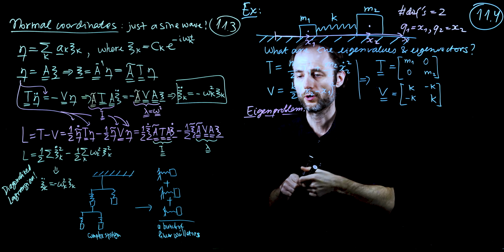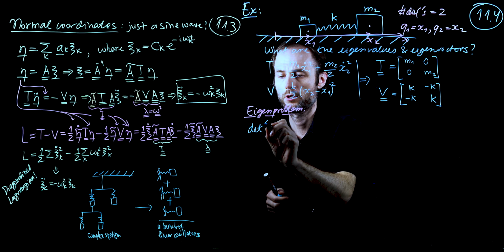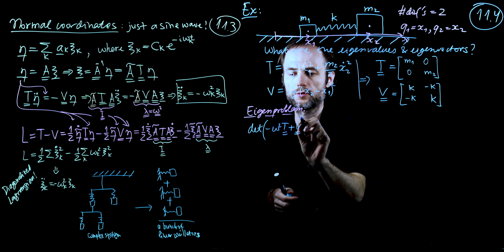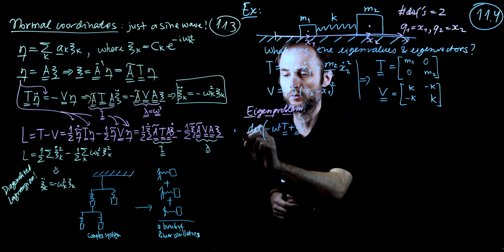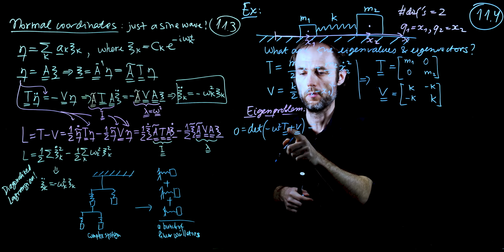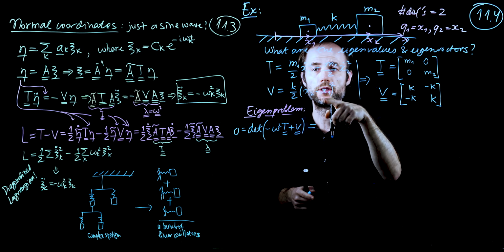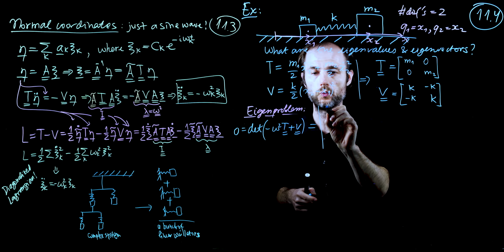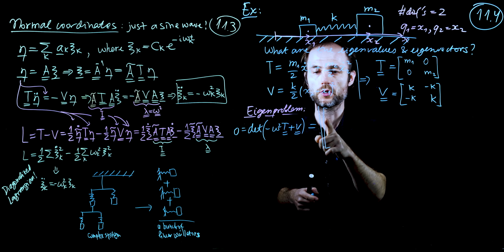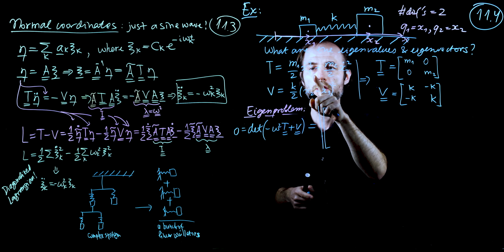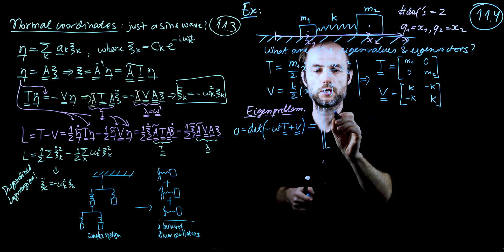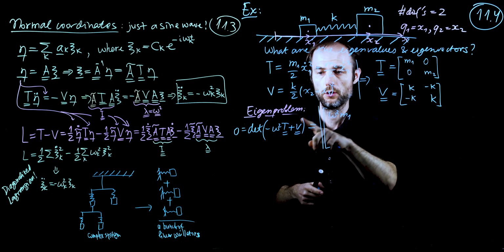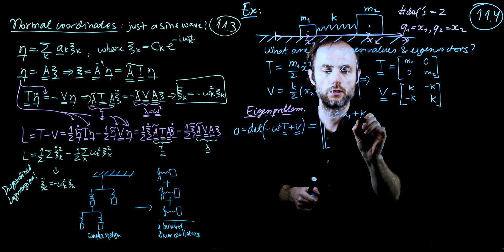Well, as before, the determinant of minus omega squared T plus V is supposed to be equal to 0, and we can write it out. I will denote the determinant with vertical bars. So it will be minus omega squared times m1, plus V, plus k.